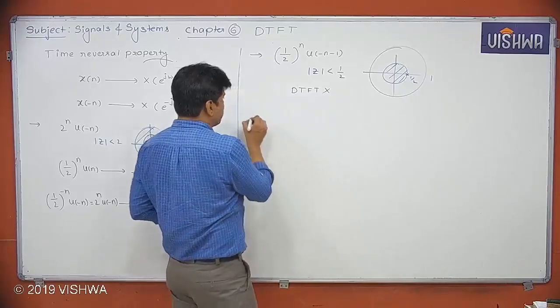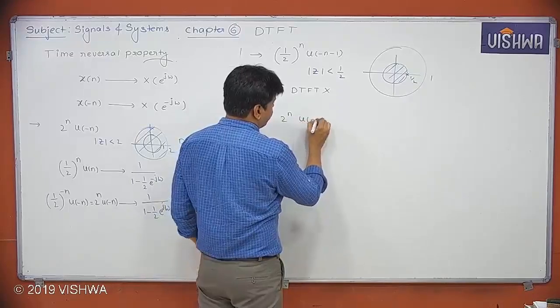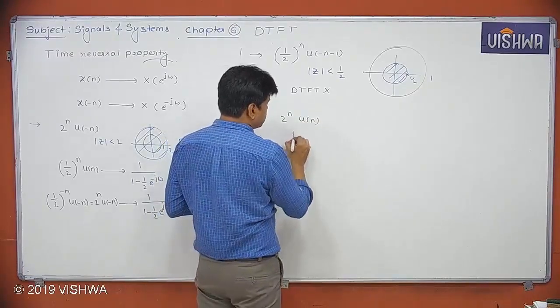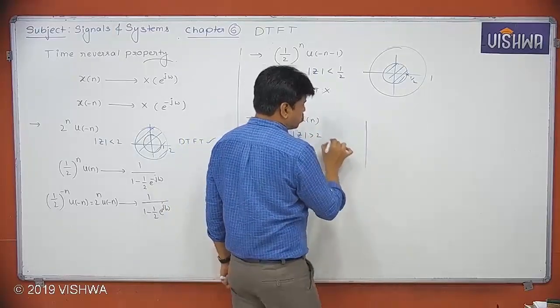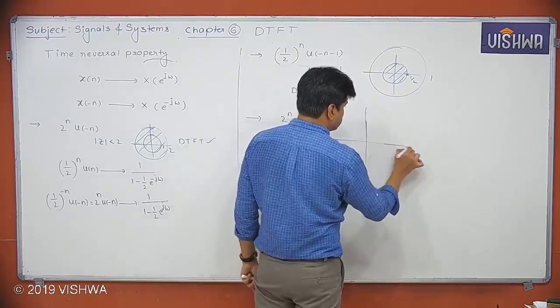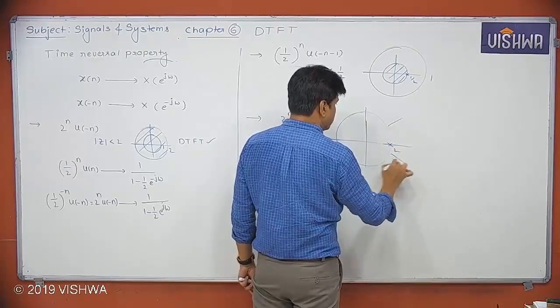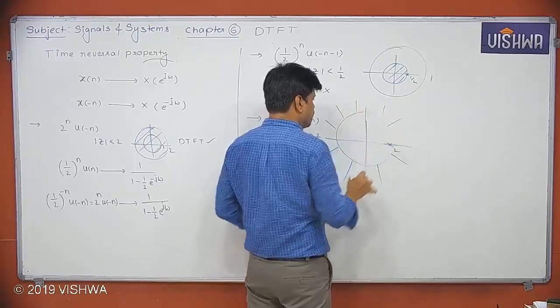Next, in a similar manner, suppose I take 2 power n u of n. For this also the DTFT does not exist. What is the ROC for this signal? Mod z greater than 2. If mod z is greater than 2, it will look like this. This is 2. This is the ROC we have. Where is the unit circle?